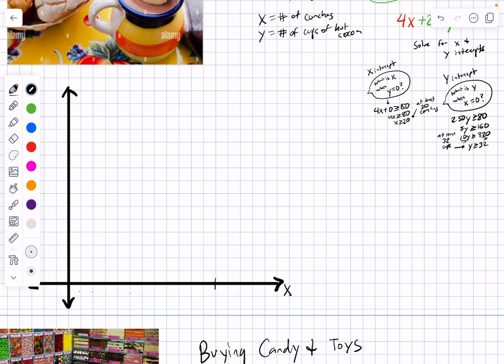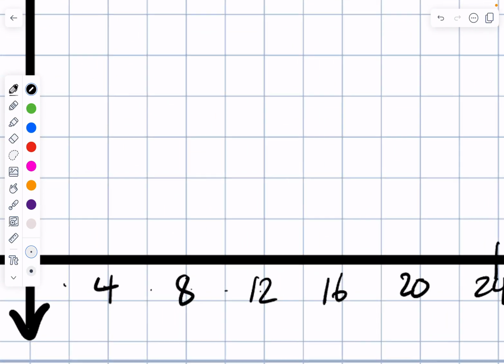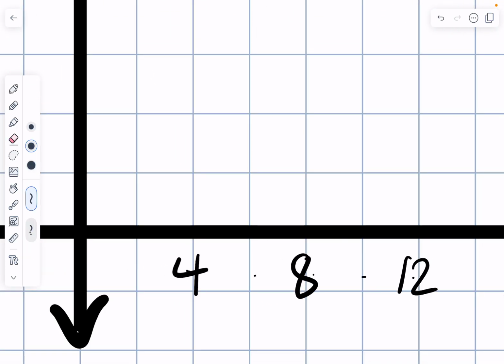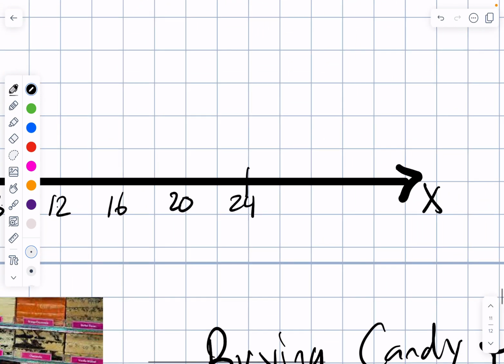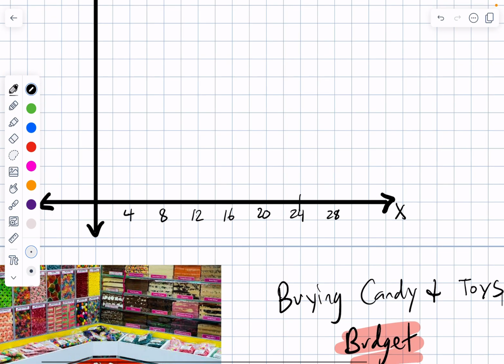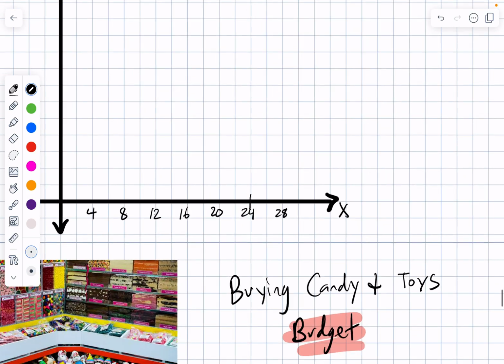Yeah, let's do that. It's really going by twos, but I don't want to write a label in every single one, so I can skip count my labels: 24, 28. Now remember to label what this axis is. X is conchas sold.